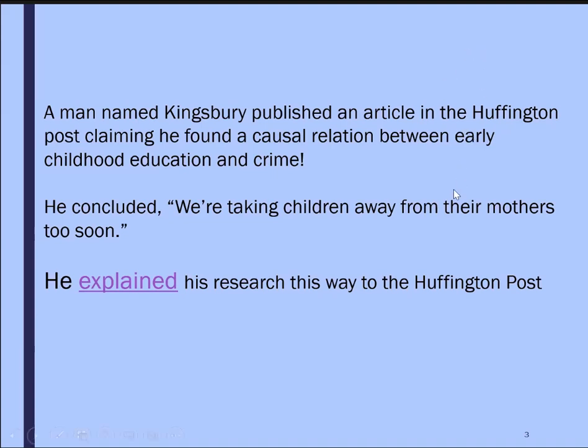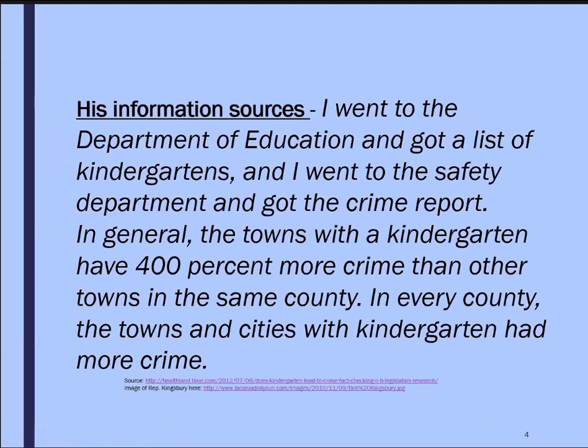He says, I went to the Department of Education and got a list of kindergartners, and I went to the safety department and got the crime report. In general, the towns with a kindergarten have 400% more crime than other towns in the same county. In every county, the towns and cities with kindergarten had more crime.